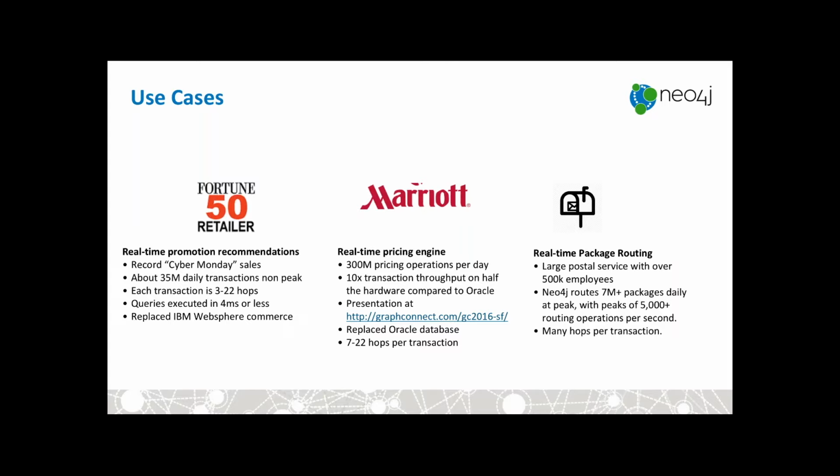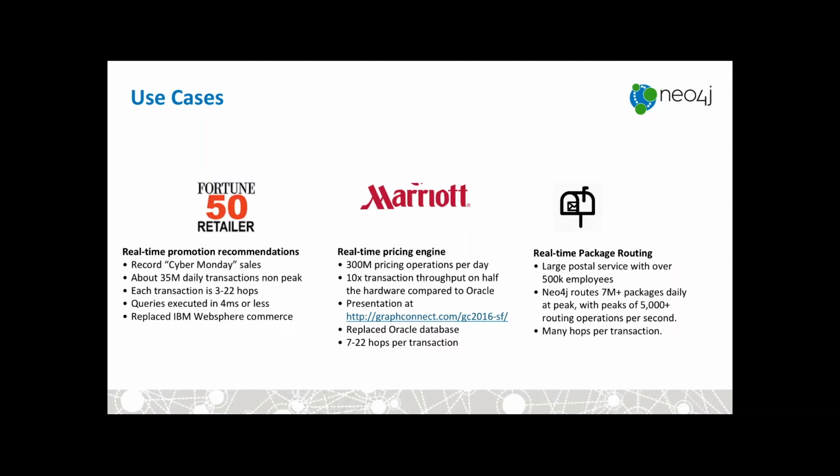This pricing is 7 to 22 hops per transaction to try and figure out the price for the room that you're buying at this point in time. Again, if you look at both the Fortune 50 retailer and the Marriott example, their average hops per transaction is far larger than a non-native graph database would be able to deal with.